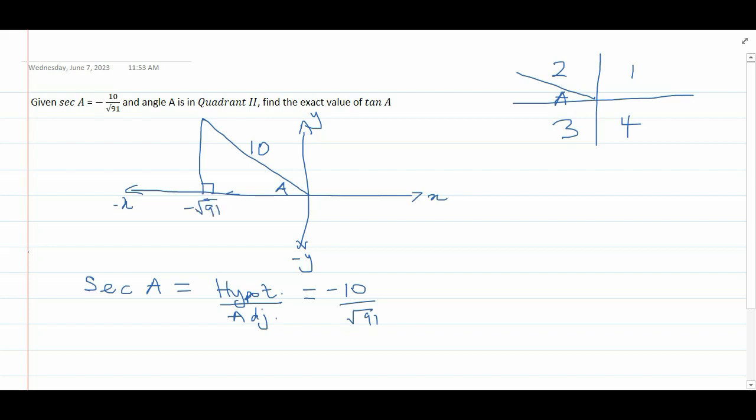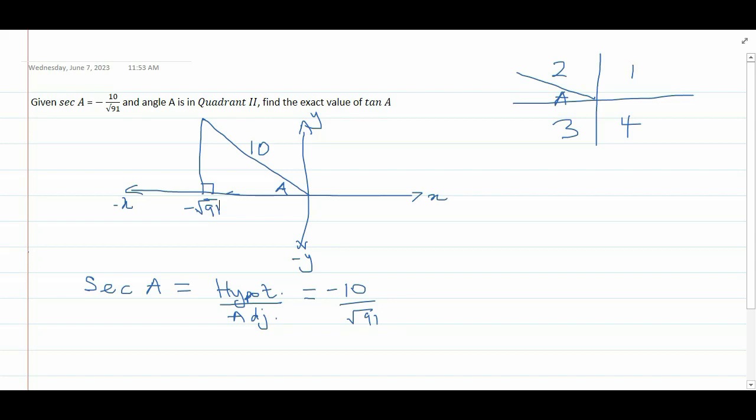Somebody will ask, why is the hypotenuse not negative, but the square root of 91 is negative? Yes, the square root of 91 is negative because that's on the negative side of the x-axis.